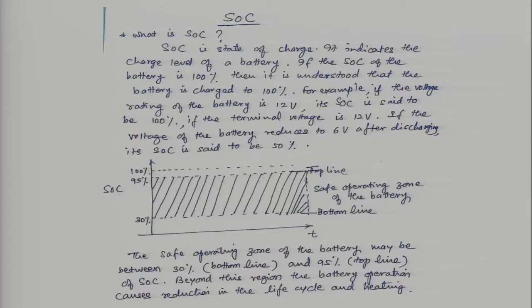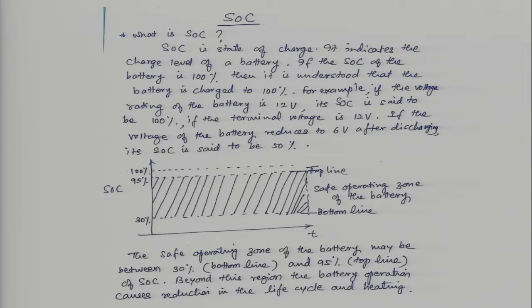If the terminal voltage drops to some other value, if the voltage of the battery reduces to 6 volts, now as you see, when the battery is connected to the load, when it is driving some load, the terminal voltage of the battery will drop, and as it discharges more and more, there will be more and more drop in the voltage.